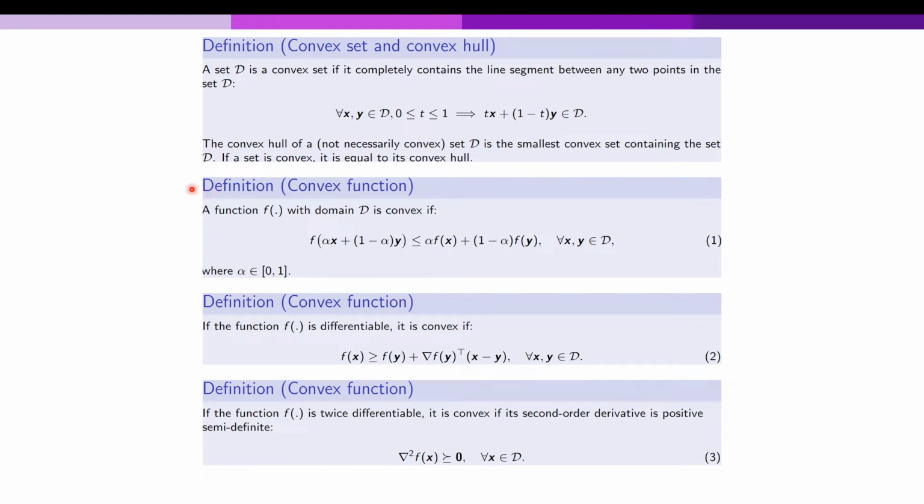But remember that the definition for a convex set is different from the definition of a convex function, but we did that in the form of a convex function, which is also true.